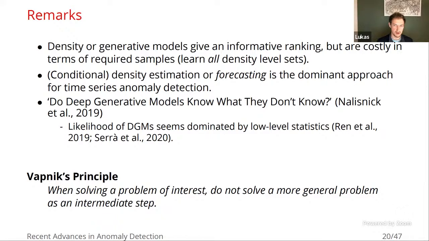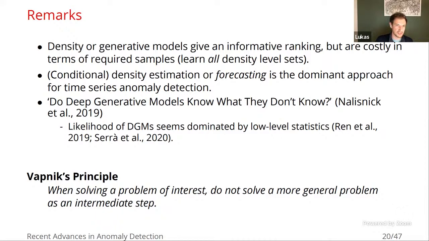So for instance, models that have been trained on fashion MNIST completely, and then if you look at the likelihood of MNIST digits, in the standard formulations, they tend to assign higher likelihood to such samples. And there's some very interesting work in this direction, analyzing this further and observing that likelihoods in such deep generative models, they are often still dominated a lot by low-level statistics.